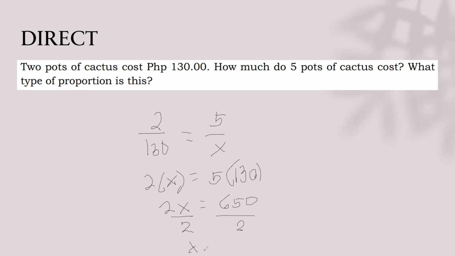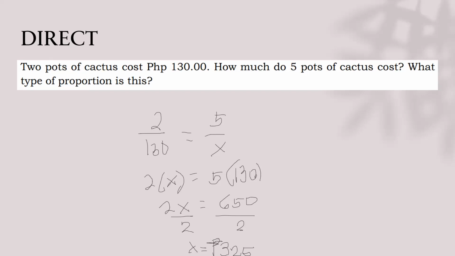So x is equals to 650 divided by 2, that is 325. So ibig sabihin, ang presyo ng 5 pots ay 325 pesos. Okay.